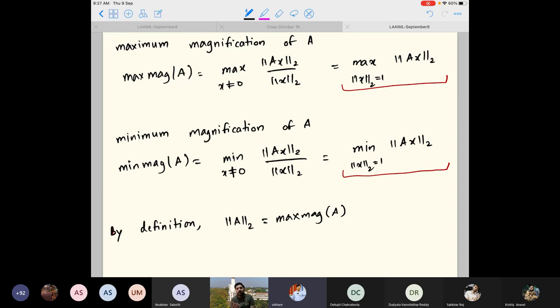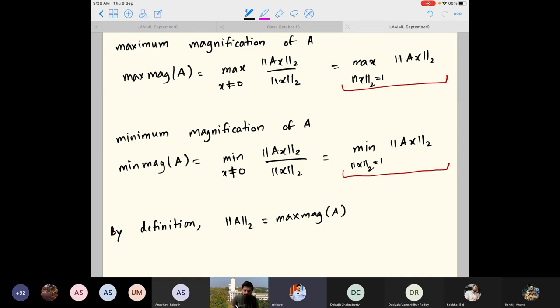If you have a vector x, and you see the action of Q on x, which is Qx, the length of Qx is the same as the length of x. So there is no maximum or minimum magnification to worry about; the lengths are preserved. So minimum magnification is 1, maximum magnification is 1, and the condition number is also 1. So these things seem to be related, and this is what we are going to investigate: how can you relate the condition number of a matrix with these maximum and minimum magnifications?